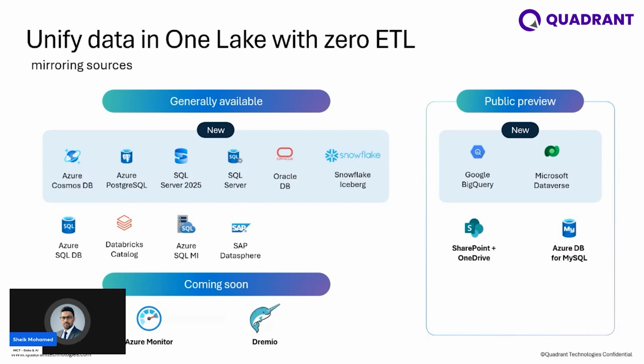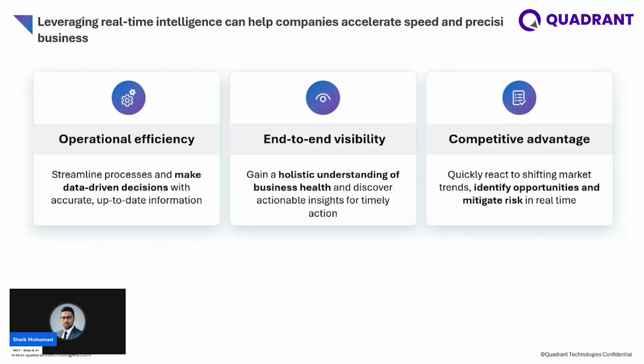And the public preview items as well, where support is getting extended to Google BigQuery and Microsoft Dataverse. So Microsoft is making sure the support and coverage are extended to other sources. Yeah, thank you. Let's move on to the next slide.